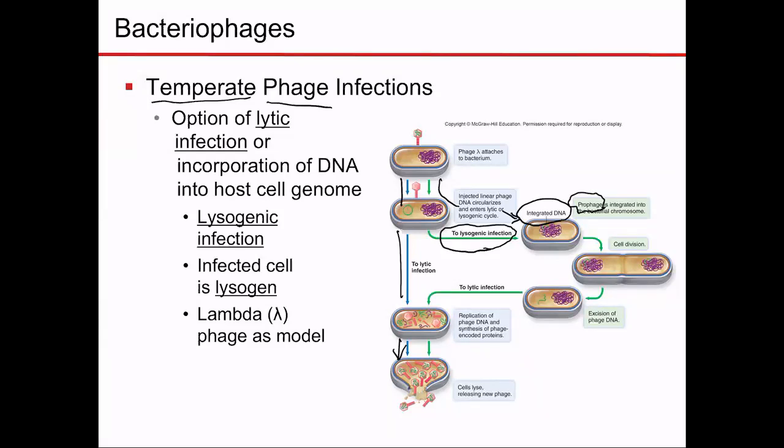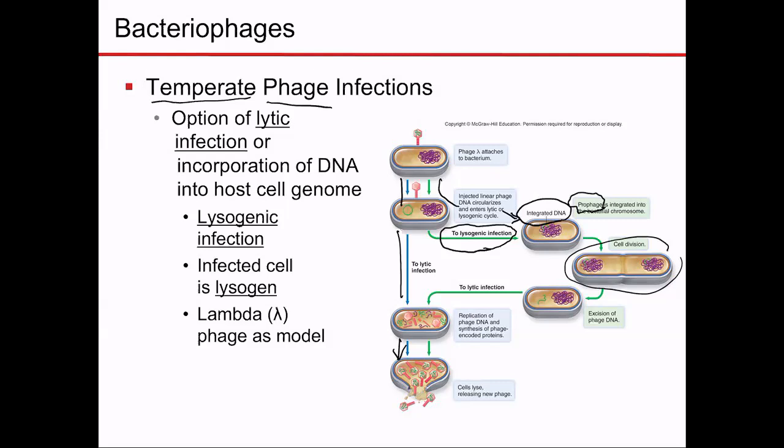And since the bacteriophage genetic information is incorporated into the bacteria's genetic information as a prophage, now the bacteriophage is passed from generation to generation as the bacterium divides to form daughter cells.